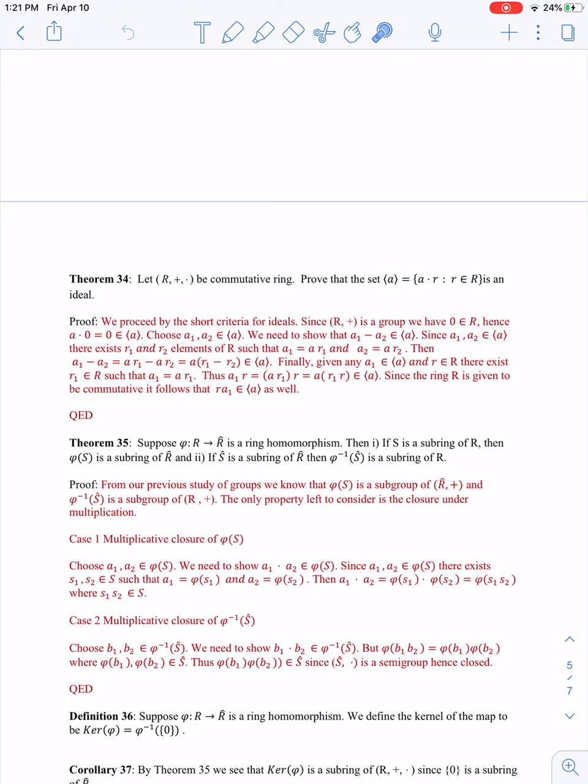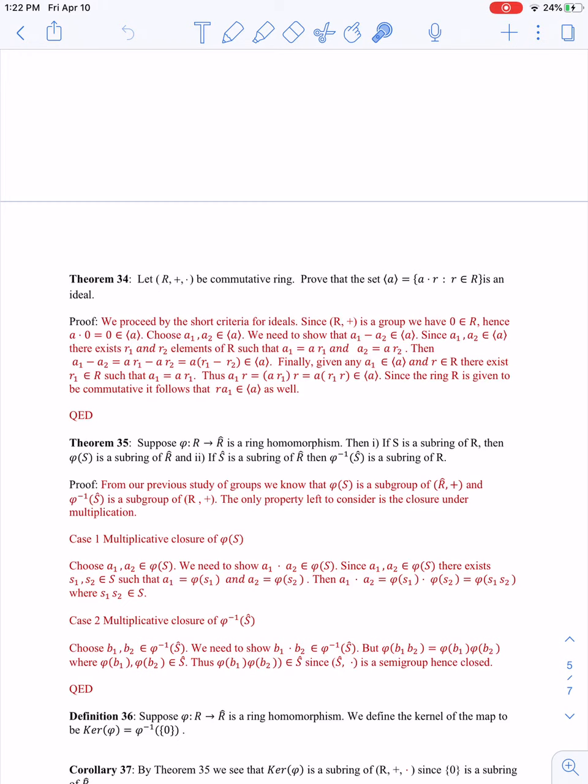Finally, if I have anything in the subring generated by A, and I pick any R, I want to claim that if I take this and multiply by R, I land back in there. Well, since A1 is in the cyclic subring, there exists an R1 such that A times R1 is equal to A1.